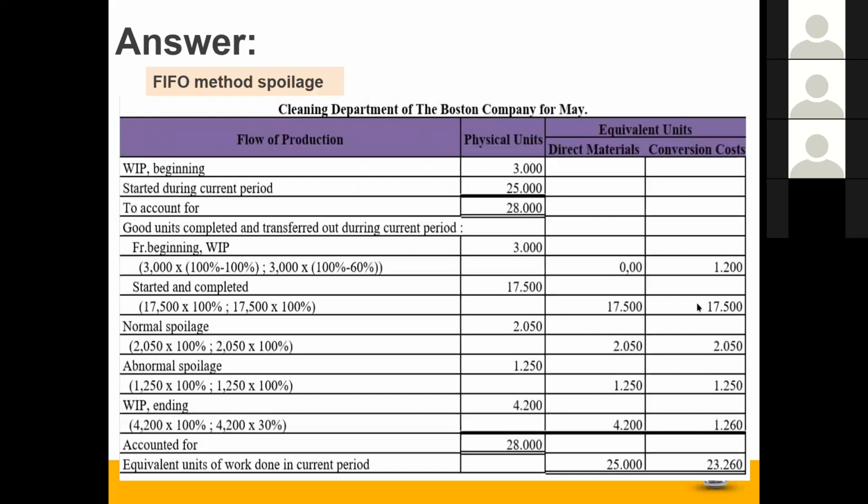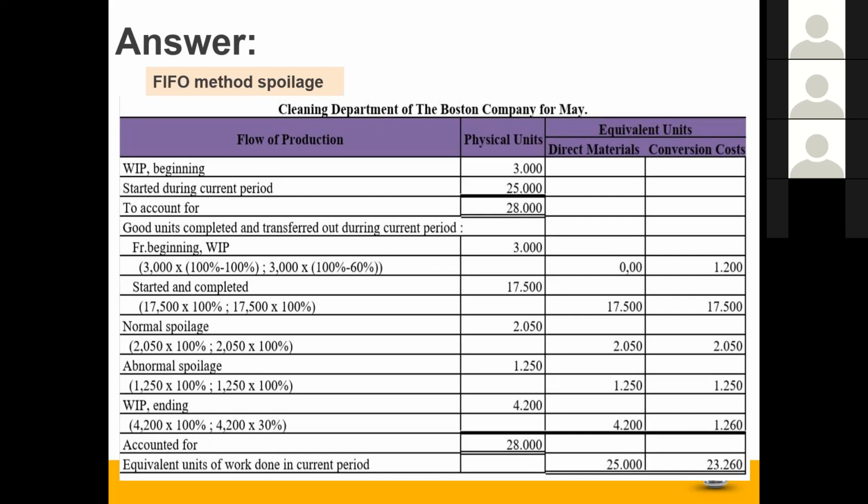The first one is flow of production in physical units, and the last one is equivalent units for direct materials and conversion costs. WIP beginning is 3,000 physical units. Started during the current period is 25,000, and accounted for is 28,000 physical units.